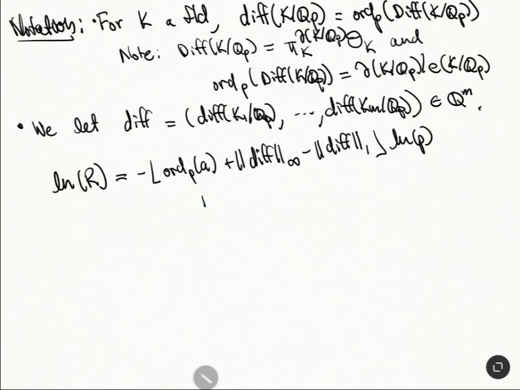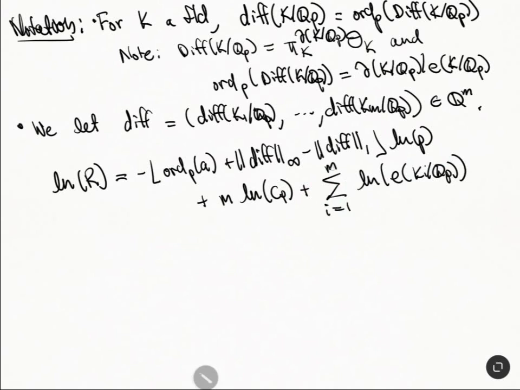And then we're going to add M ln CP plus the sum of ln EKI over QP, like so. So I is equal to 1 up to M.